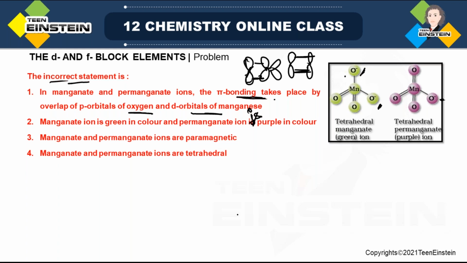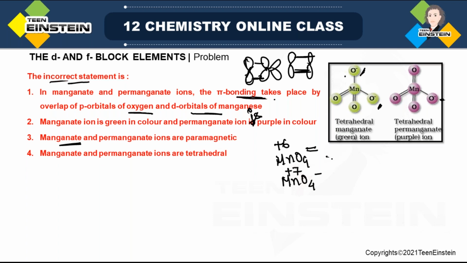Now the first ion, manganate, which is MnO4 with double negative charge, has oxidation state +6, and for MnO4 with single negative charge, which is permanganate, the oxidation state is +7.